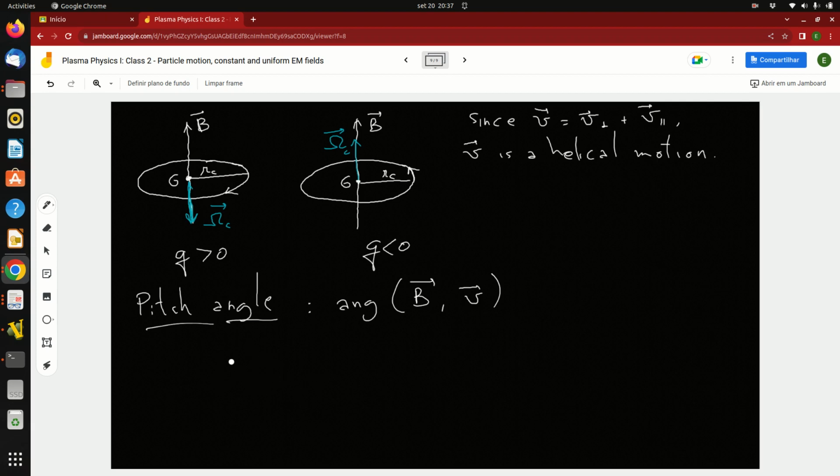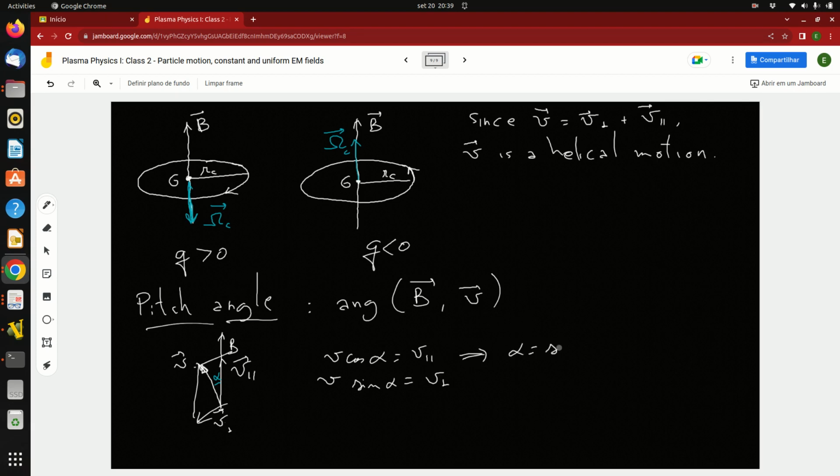From this decomposition we know that v cosine alpha, where v without the arrow means the modulus of v, is equal to v_parallel, and v sine alpha is equal to v_perp. From here you get the pitch angle.